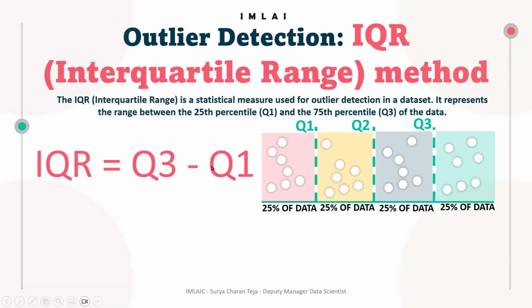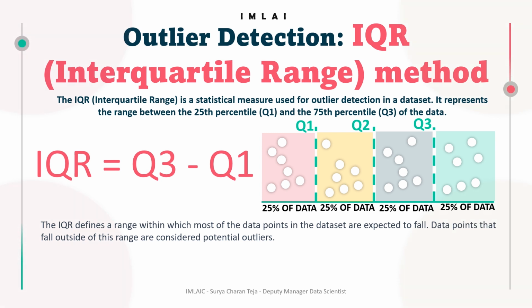Once the IQR is calculated, it can be used to identify outliers in a data set. The IQR defines a range within which most of the data points in the data set are expected to fall. Data points that fall outside of this range are considered potential outliers.